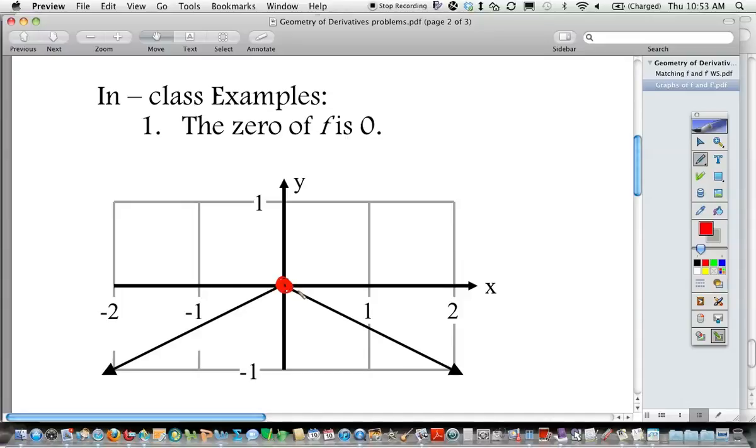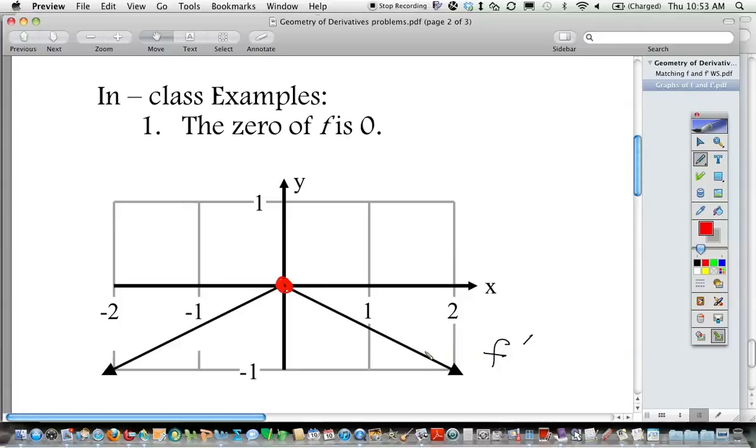Now, since it starts at the origin, it might be helpful to go to the right first since we have a starting point. So what am I looking at? This black one is F prime now. Okay, the black graph is F prime. What do I care about this part here?